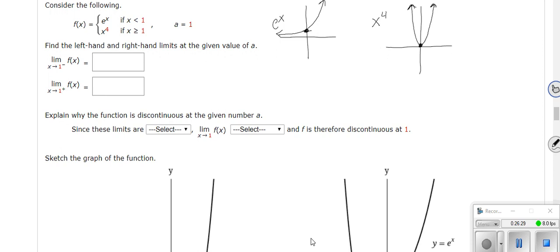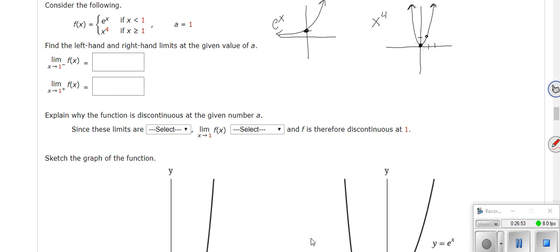Okay. The point 1, 1 is going to be up there. So you're going to go from like 1, 1 to your next point, 2 to the fourth is 16. So it's going to shoot up very tall, very quickly, I'll put it that way. Okay. So we are cutting these off at 1. Okay.